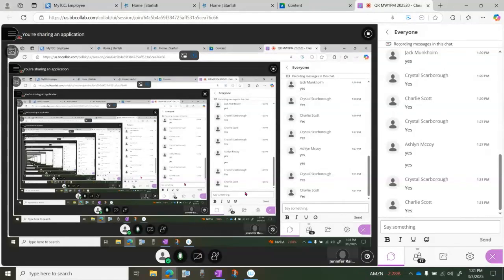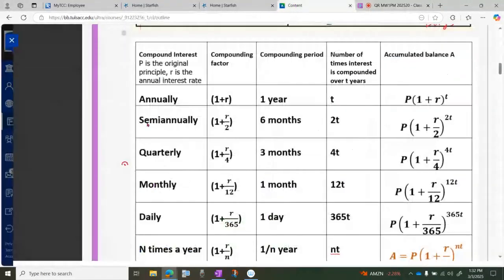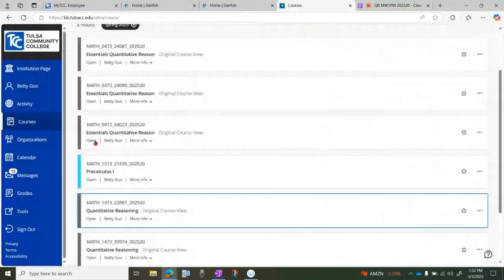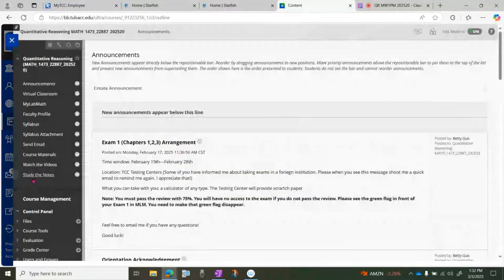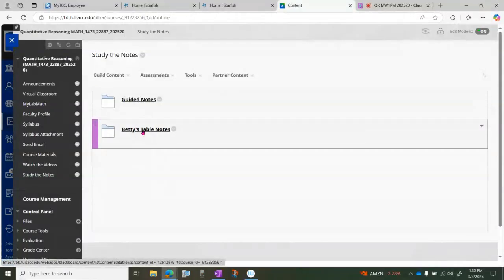I think the best way is to really look at a problem and solve it. Let me get the notes. The notes are also in Blackboard. I have 2 sets of notes posted. One is my table notes. I really spent a lot of time and heart, and put a lot of effort into the table notes.